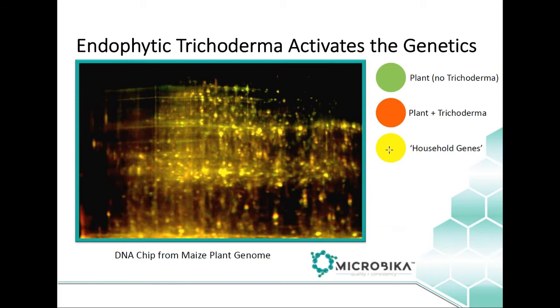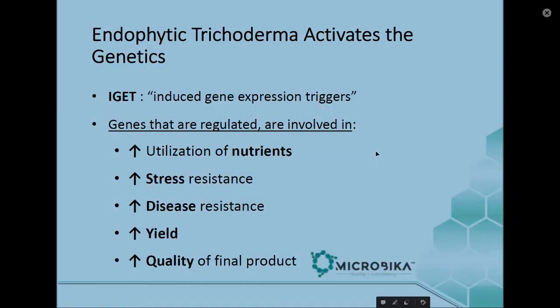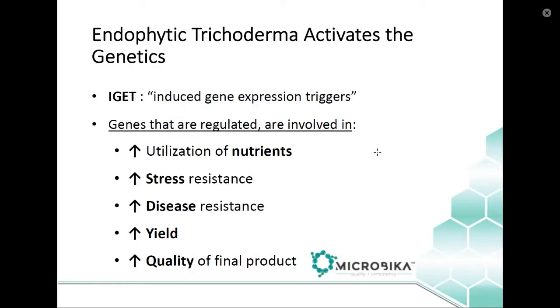So the endophytic trichoderma activates the genetics. We know that they switch on genes involved in the utilization of nutrients, the genes involved in how the plant will handle stress. Remember I said these microbes are responsible to keep the plant from stressing, because otherwise the first supply of carbon that's turned down is the one to the rhizosphere.